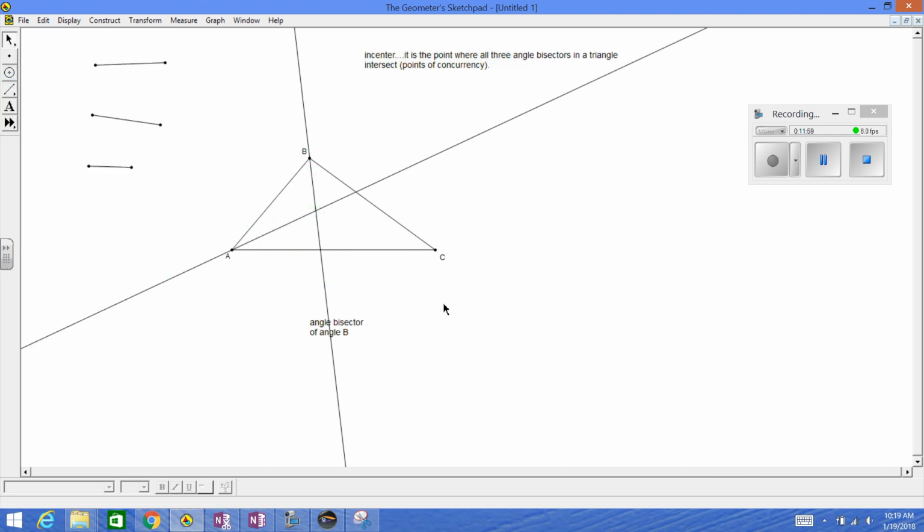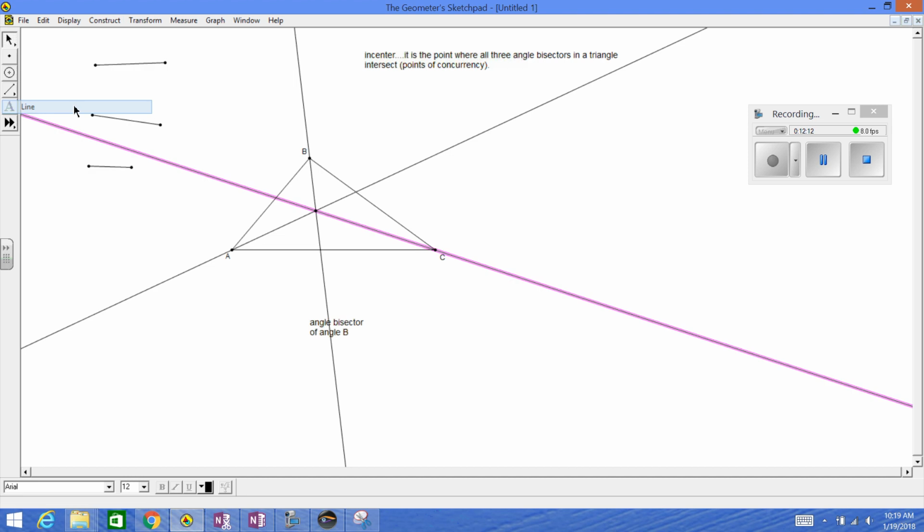Right here is going to be the incenter, because it's where two angle bisectors cross. The third one's automatically going to do that as well. If we wanted to construct that one, we could. But that's going to be the incenter, where the three angle bisectors in the triangle intersect. All right, I'll pick up the other ones on the next video.